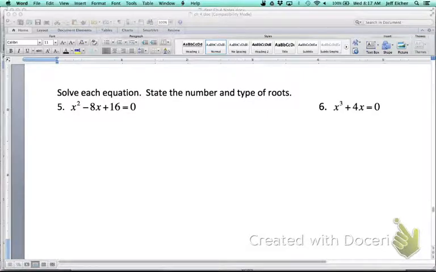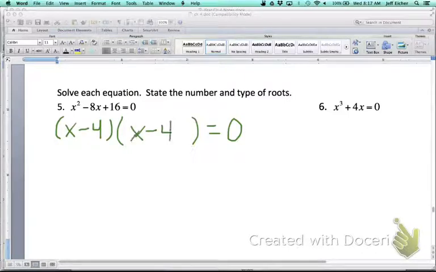Number 5, it looks like a quadratic. So we're just going to try to factor this. I'm going to do a little guess and check. It actually might be a perfect square trinomial. We have x minus 4, x minus 4, and to check that, negative 4 plus negative 4 gets to negative 8, and multiplying them gets to positive 16. So that looks good. So we have x equals 4, x equals 4.